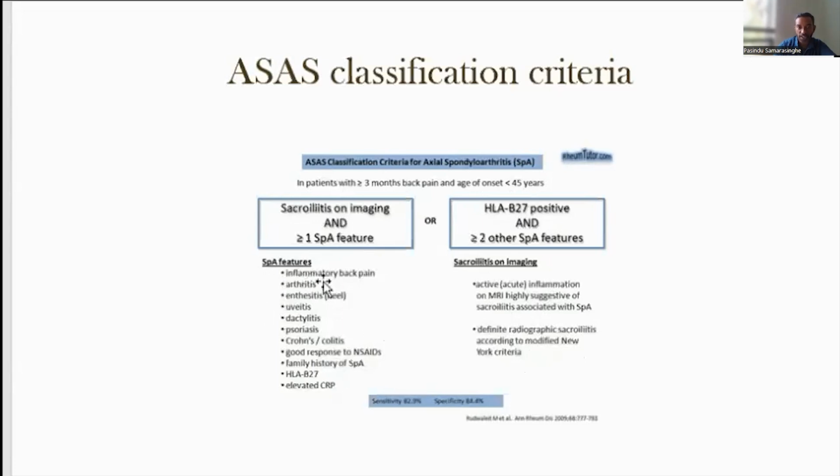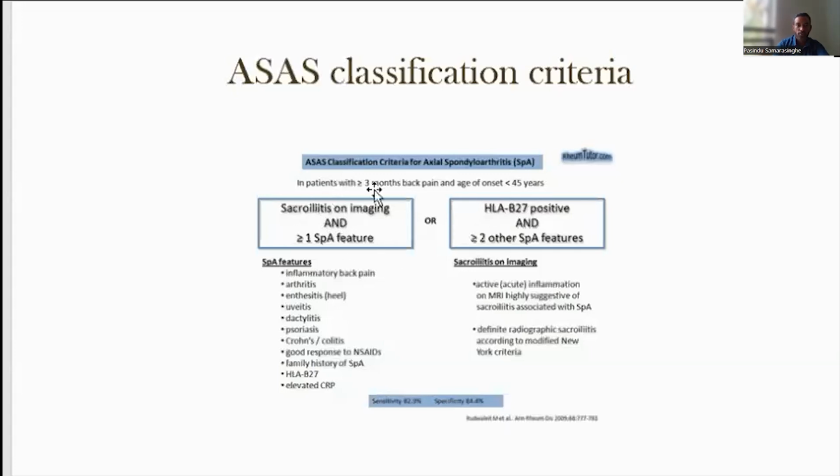If you have any of these, either inflammatory back pain or peripheral arthritis, and you do an X-ray and the patient has sacroiliitis, you can classify it as spondyloarthritis. If the X-ray is normal, we do an MRI scan and if it shows sacroiliitis, again we can classify it as spondyloarthritis. If the X-ray and MRI don't show it, but you do an HLA-B27 and it is positive, then you have to have 2 or more of the SpA features. So here you just need 1 if there are imaging findings. Here you need 2. Right?